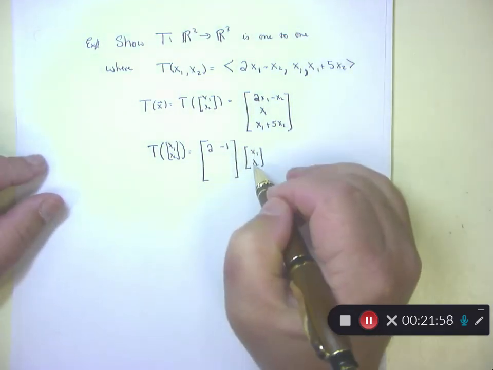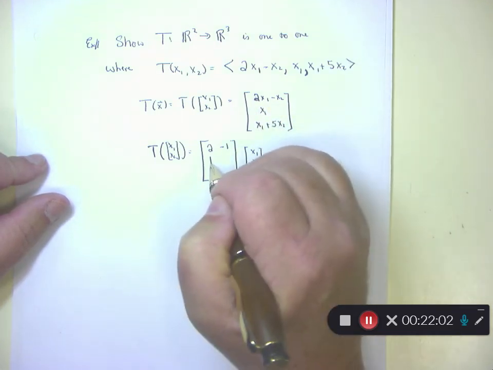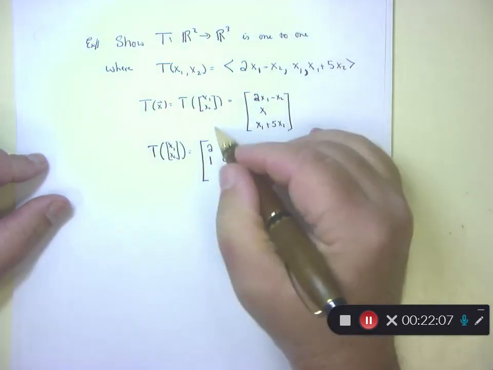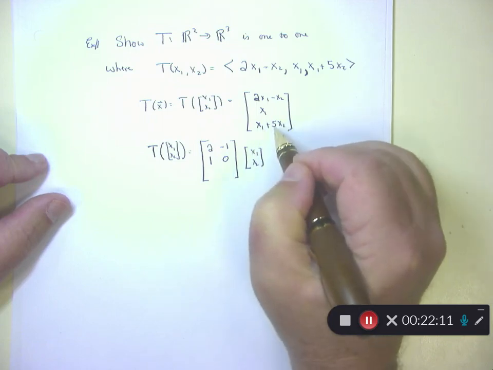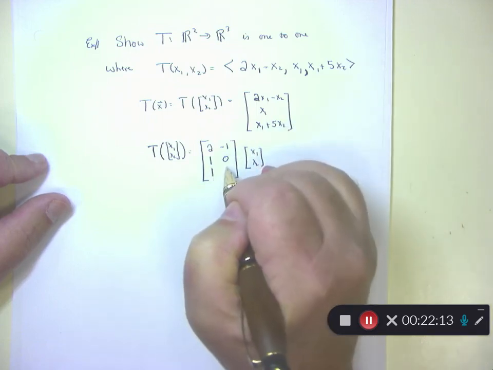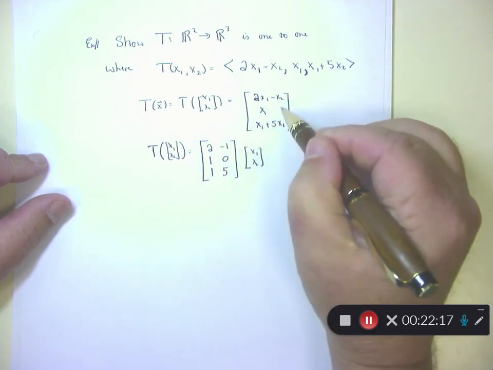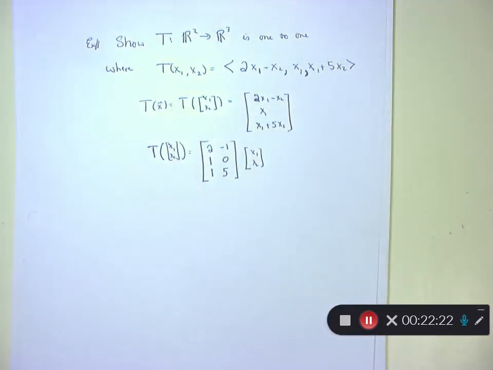Second row with the columns, I have to get the second row, which is just x1. That's 1 on the x1 and 0 on the x2. And the third row times the x1, x2 has to give me x1 plus 5x2. That'll be 1x1 plus 5x2. And you went from writing it as a vector to writing it as a matrix times the arbitrary x1, x2 vector.